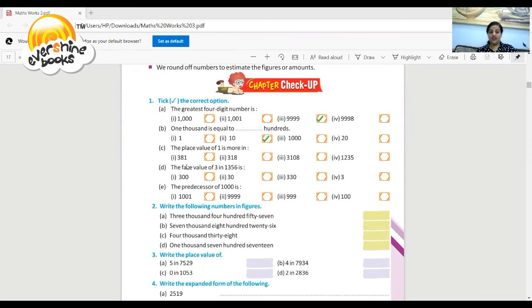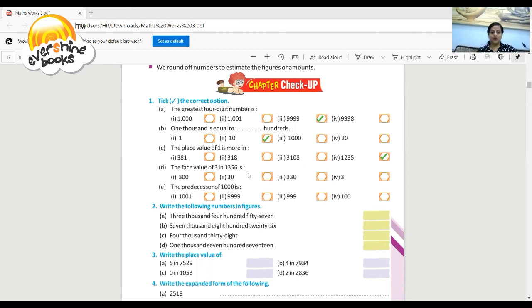Place value of 1 here: 381, 318, 3108, and here it is the place value of 1. The 1 place value is more. More means the biggest. It is at the one's place. It is at the one's place. It is at the tens place. It is at the 100 place. But the thousand place value is more.